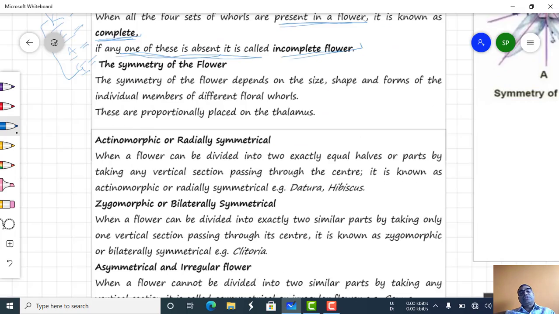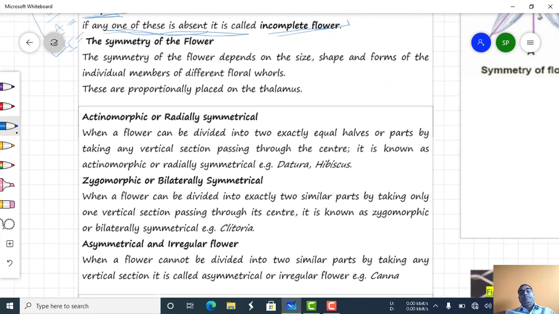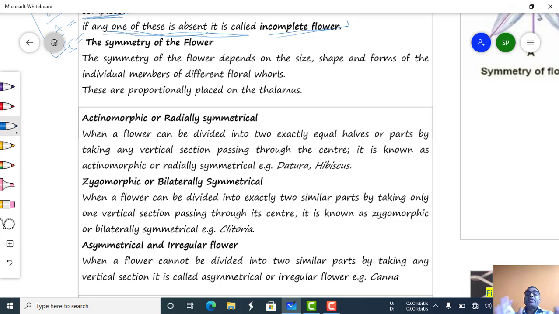Just see the symmetry of the flower. Symmetry of the flower depends on the size, shape and form of the individual members of different floral whorls, that is, sepal, petal or tepal, stamen and carpel.